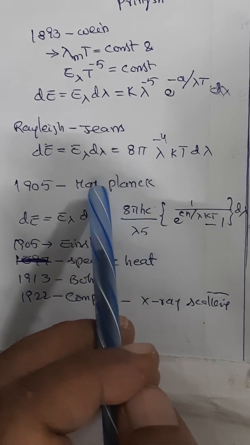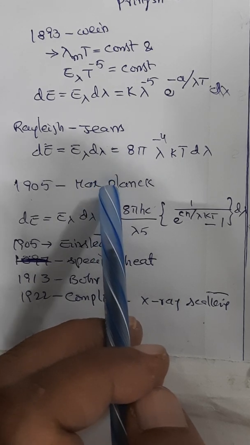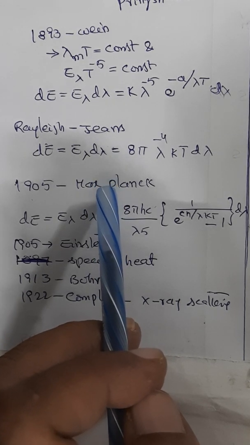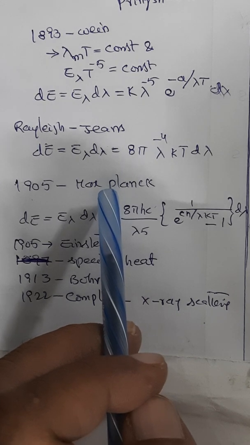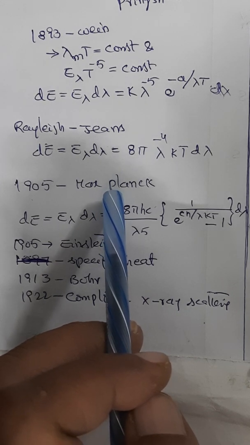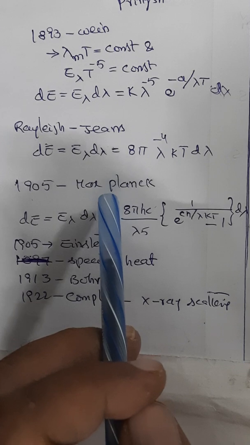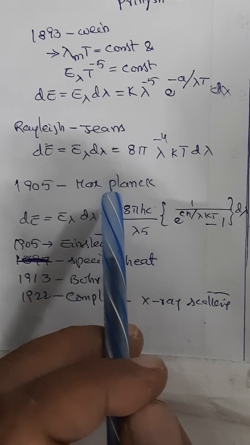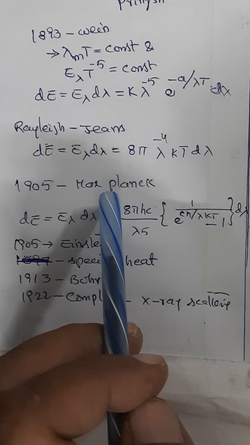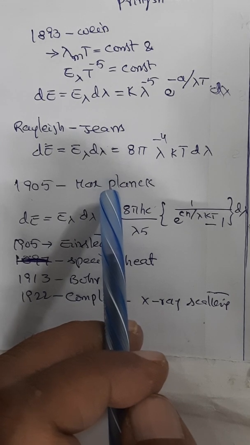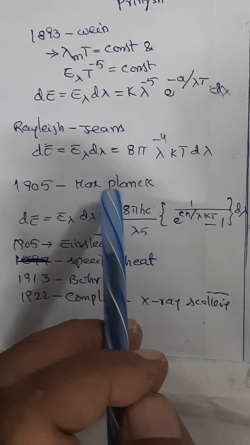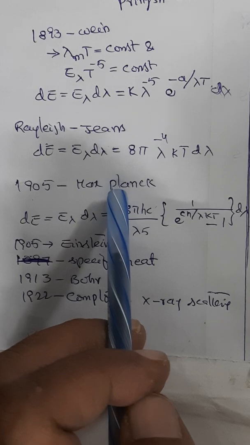So according to quantum theory, a blackbody radiator contains simple harmonic oscillators of molecular dimensions. The energy change takes place discontinuously and discretely as an integral multiple of a very small unit of energy, what is known as quantum.